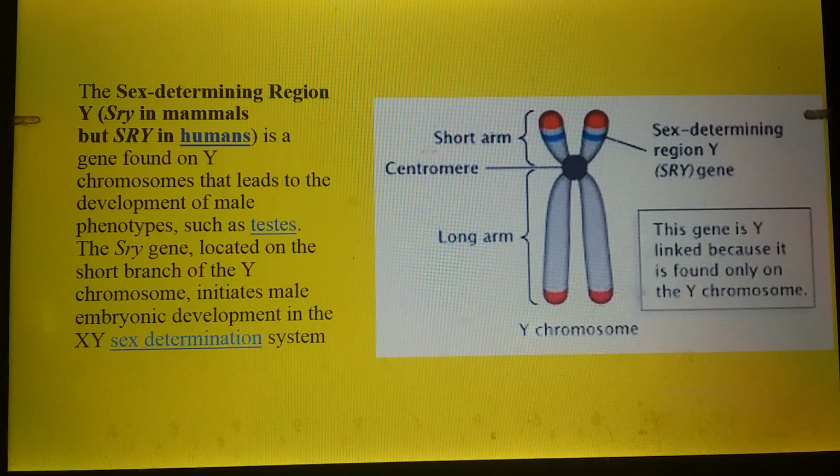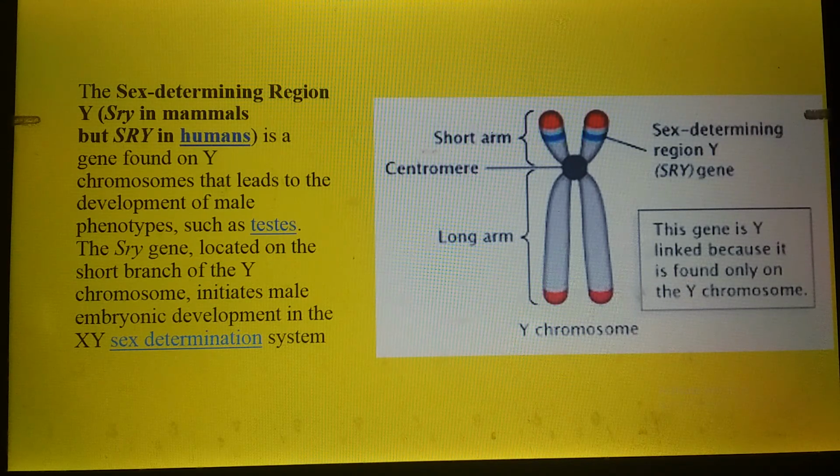So that chromosome consists of just one such gene, and that gene is known as the SRY gene, located only on the Y chromosome, and it controls the male characters, like development of the male phenotype and development of the testes in males. So this is the actual sex determining chromosome, which is the Y chromosome.